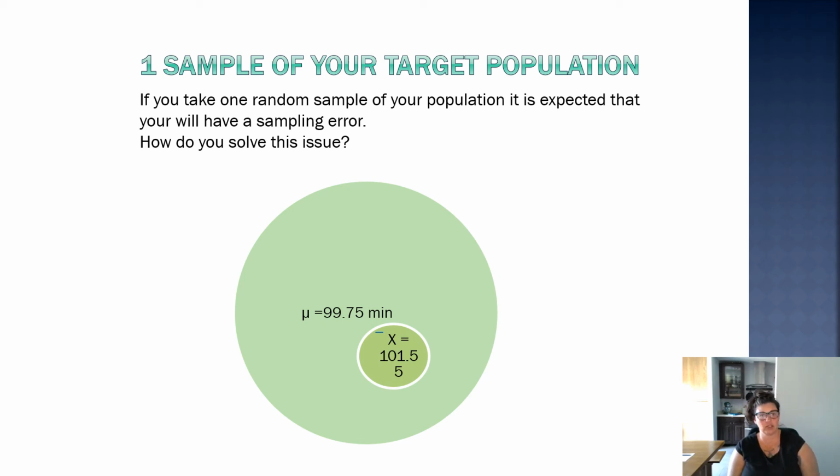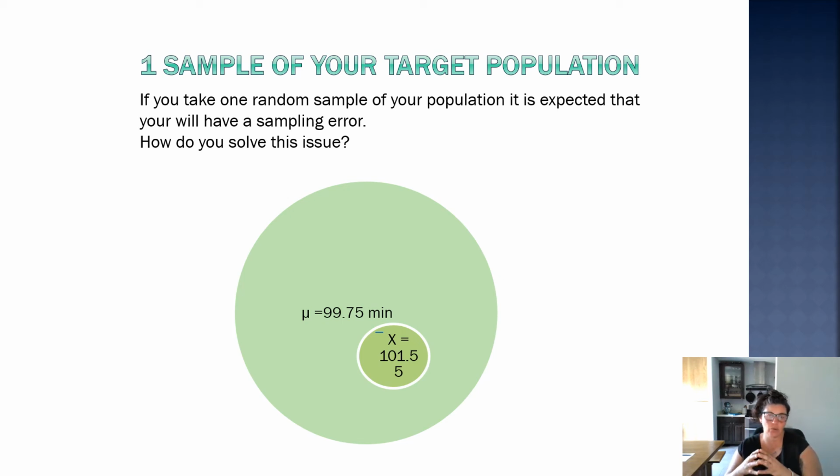Sampling design. If you take one random sample of your population, it is expected that you will have what we call sampling error, meaning that if you create one sample for your population, the chances that you're going to be accurate in representing that entire population when you generalize is going to have a certain percentage value.